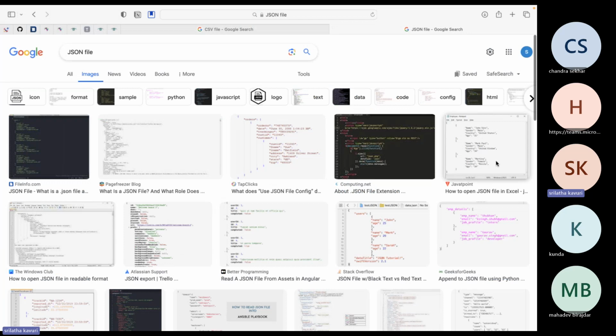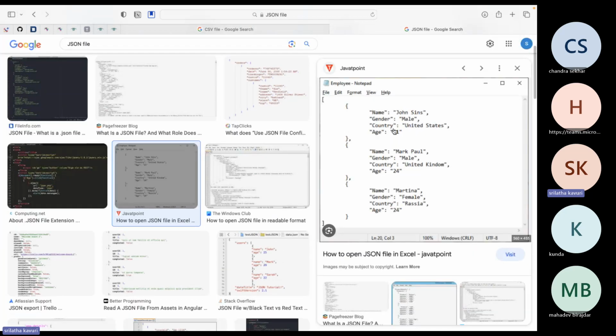Whereas with a JSON file, you have a pattern repeating, but the file cannot necessarily be straight away uploaded into a server. What we can do is extract the values from the file. This is an example of a JSON file. Here also you have the first name, last name, and certain information regarding the person, and the pattern keeps repeating.